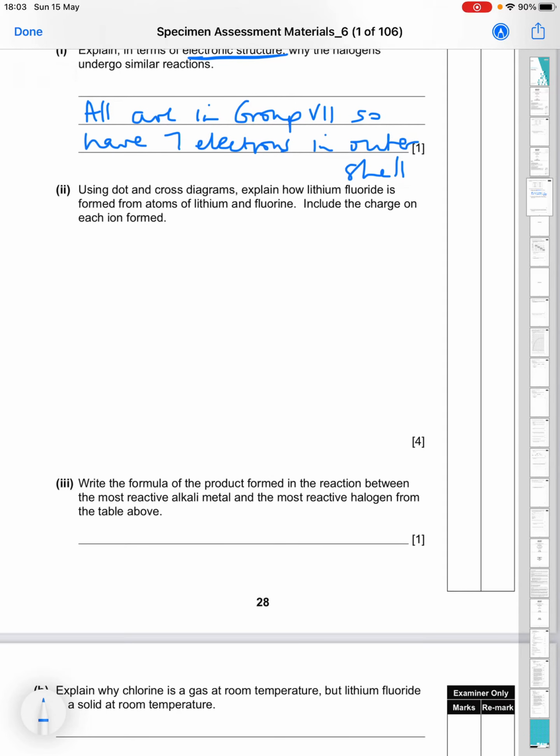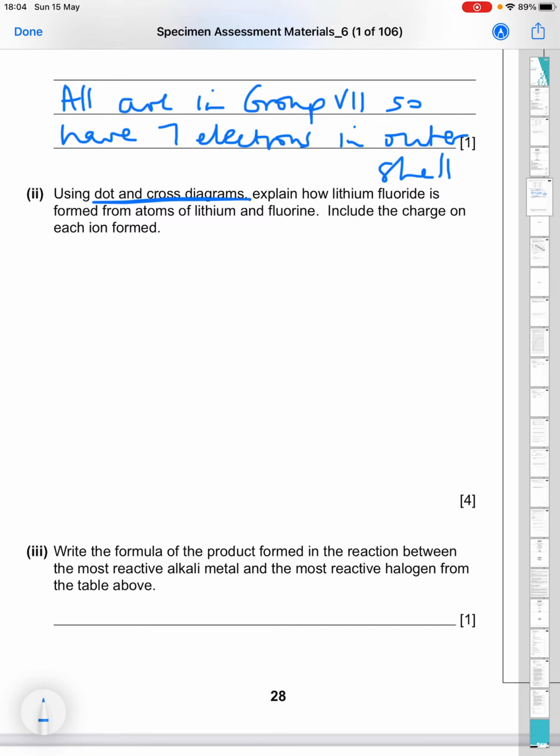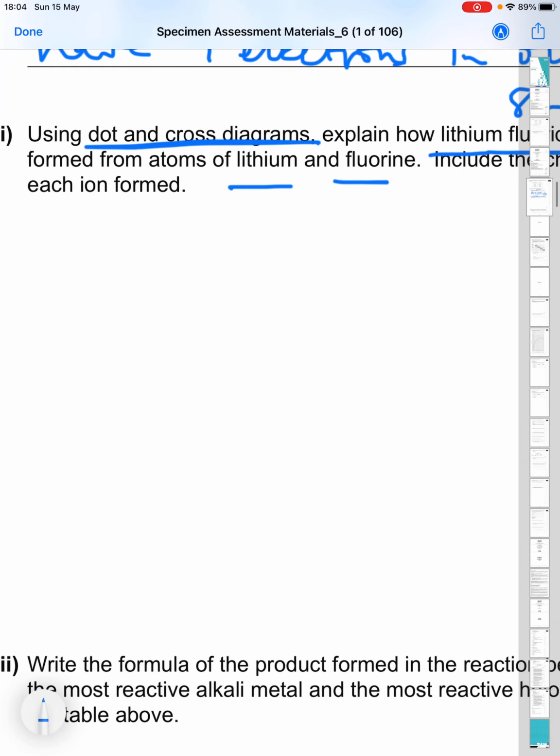Using dot and cross diagrams, explain how lithium fluoride is formed from atoms of lithium and fluorine. Include the charge on each ion formed. So we're going to draw little dot and cross diagrams then for lithium and for fluorine and then for lithium fluoride. So starting with lithium, again you can look it up in the periodic table that you get in your exam.